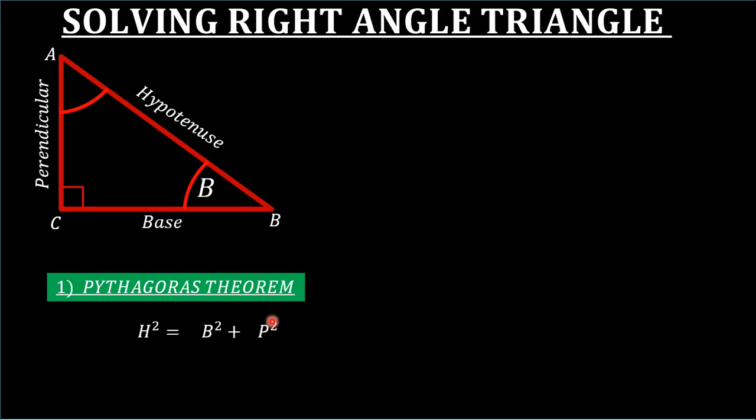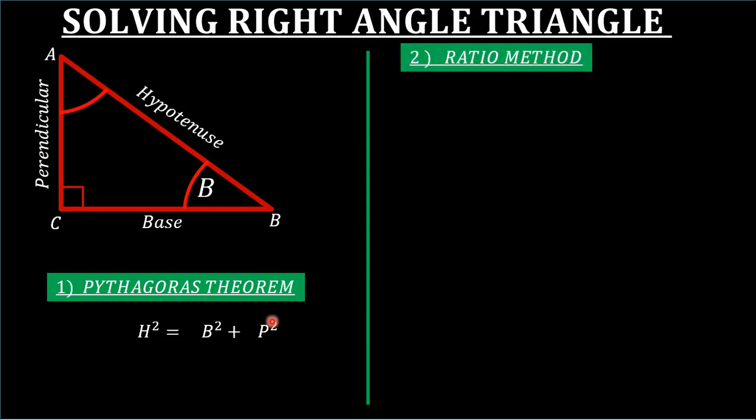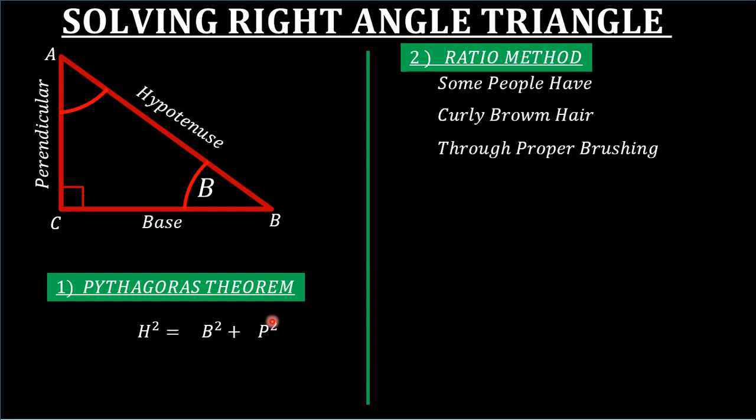The second method used to solve a right angle triangle is called the ratio method. In this type of method, students, there are different techniques by which you can remember the sine, cos and tan ratios. But the one that I'm going to use is: some people have curly brown hair through proper brushing.